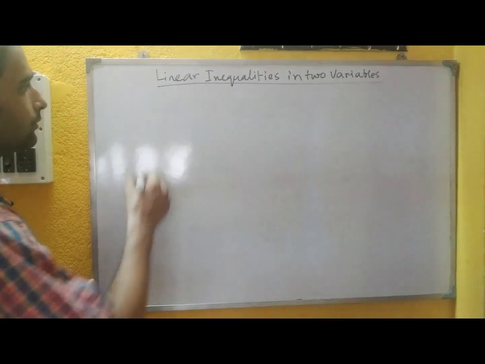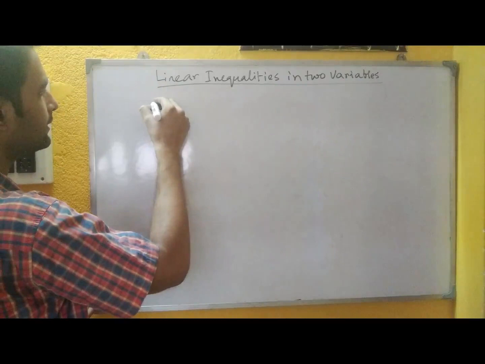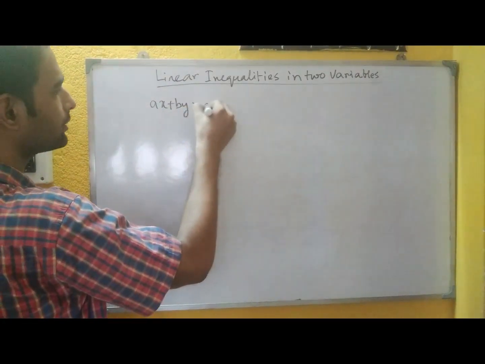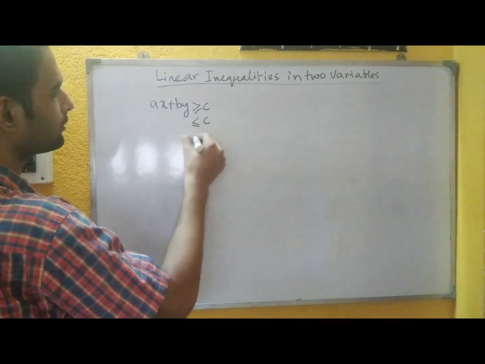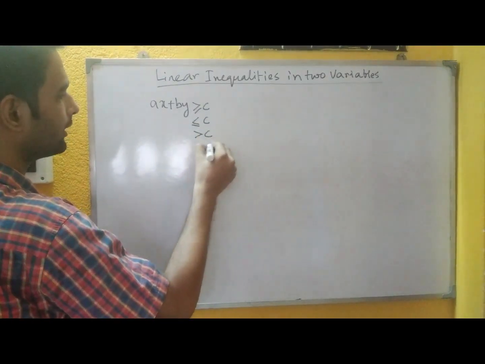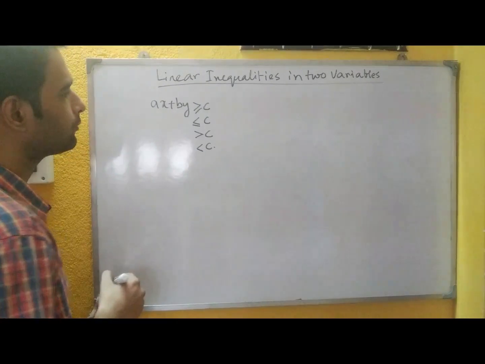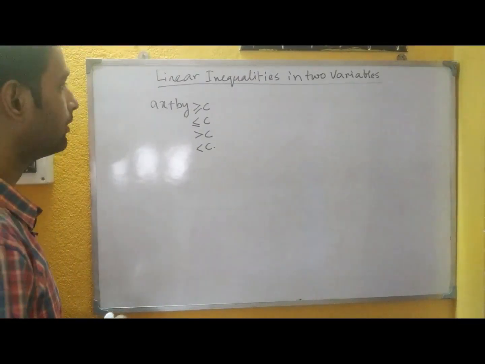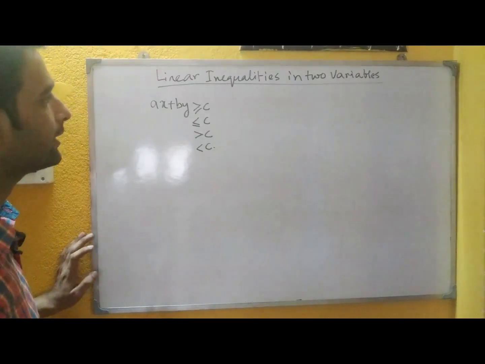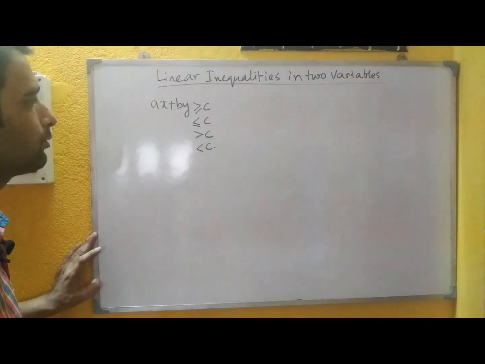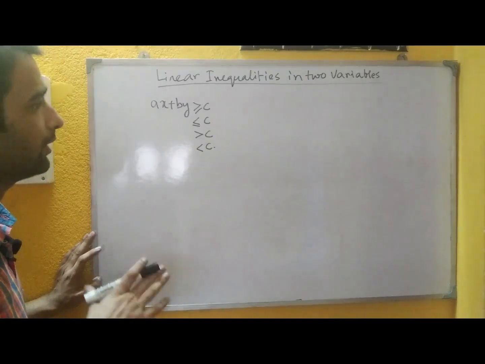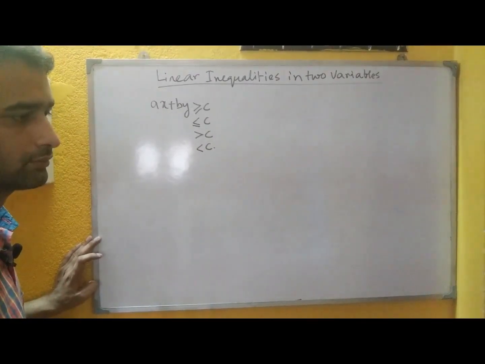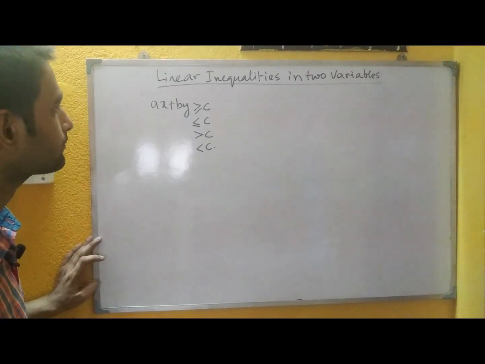First of all, we will get linear inequalities like ax plus by greater than or equal to c, or less than or equal to c, or greater than c, or less than c. So these four cases will be there, and we will also get simultaneous linear inequalities. There will be 2 or 3 inequalities, and we have to solve their system.